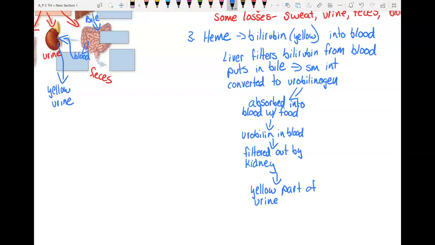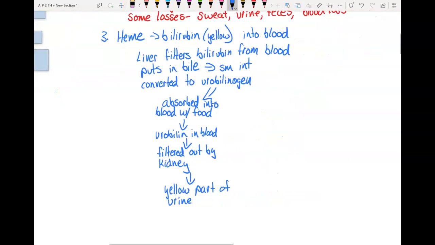Okay, now remember I said that was part of the urobilinogen. Not all of it gets absorbed back into the blood with your food. Some of it passes with the waste into your large intestine. And if it does this, then it's converted to another molecule called stercobilin.